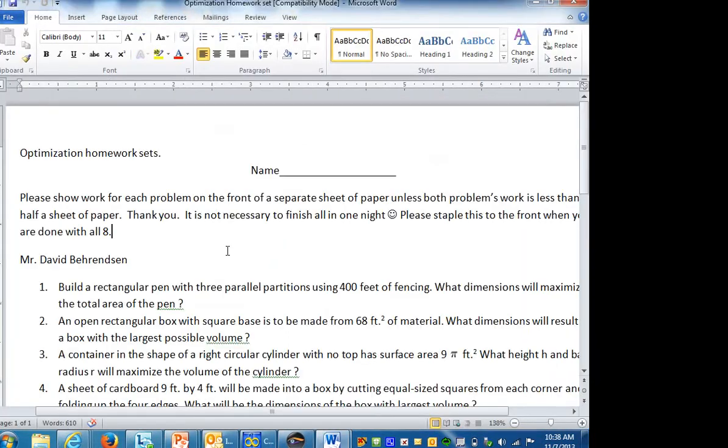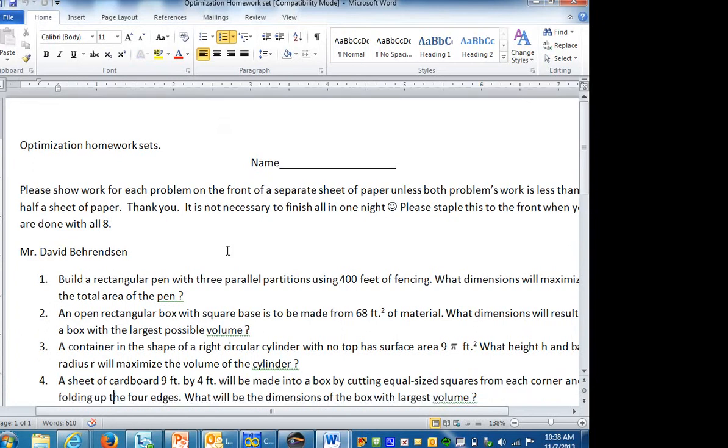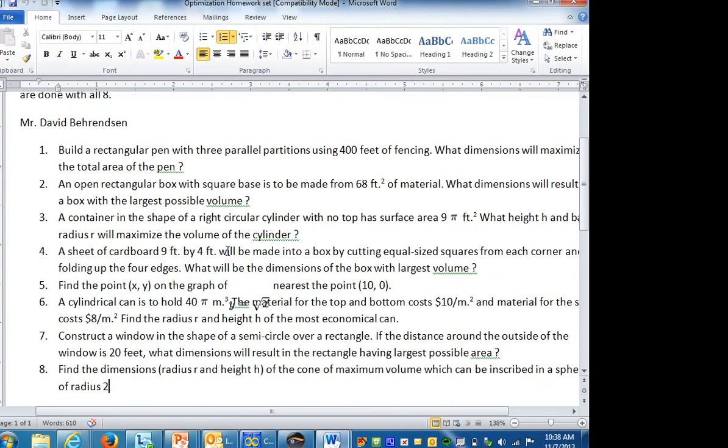Okay. Alright, so we're doing an example for number 3. A container in the shape of a right circular cylinder with no top. So let's write down our right circular cylinder on our paper. We're just listing all our important information.